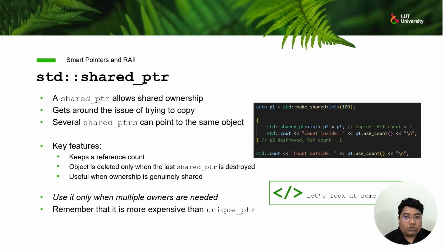So here's a good rule to remember. Use unique pointer by default. Only choose shared pointer when multiple objects genuinely need to own the same resource. Let's see what that looks like.